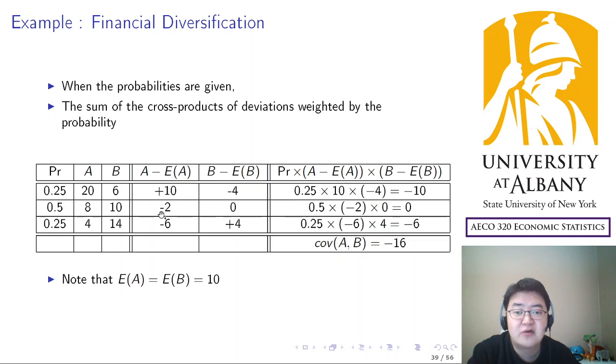And the second outcome, minus 2 times 0, is multiplied by probability 0.5. Anyhow, in the end, it will be 0. And finally, the third outcome, minus 6 times plus 4, is weighted by 0.25. So it results in minus 6.